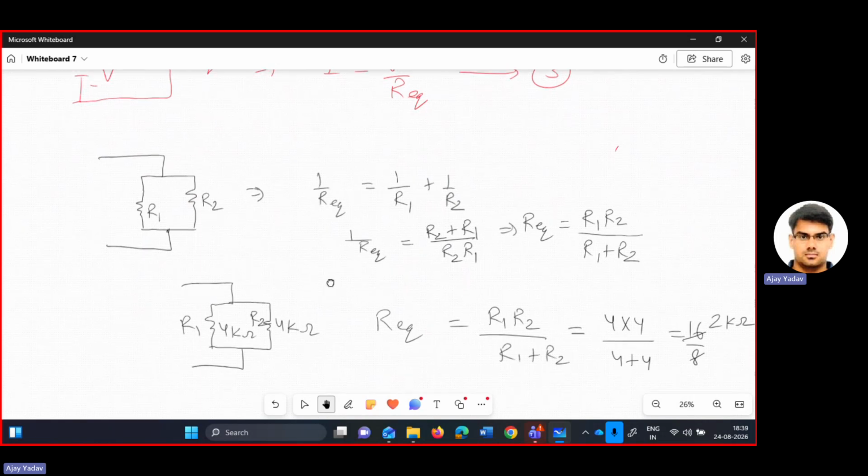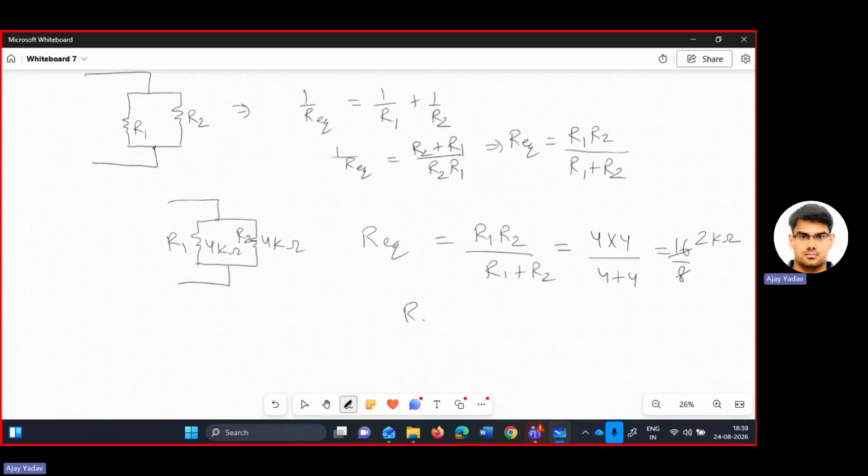So from here we can say that your R equivalent will be 2 kilo ohm.